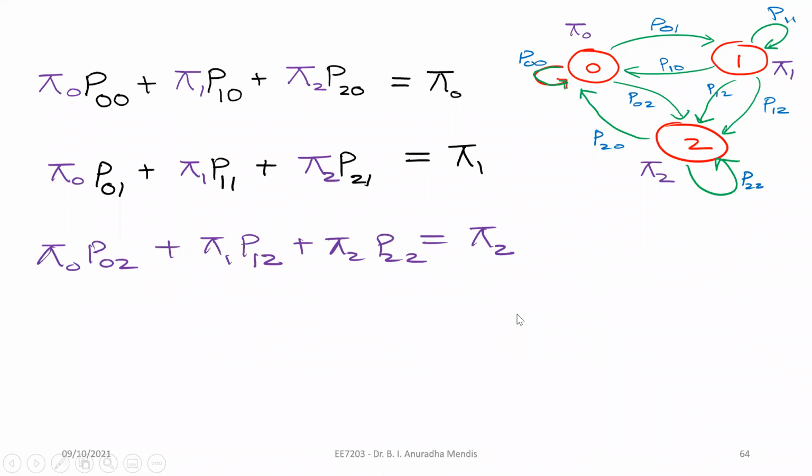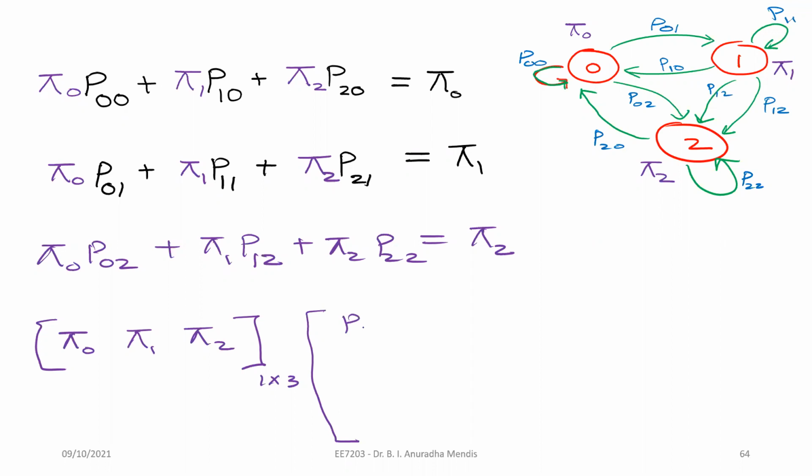Okay. So these simultaneous equations you can write in matrix form. You have phi naught, phi 1 and phi 2 in one matrix, a 1 by 3 matrix. And what is this one? P00, P10, P20. The first equation, you get by multiplying this way. You know how to multiply matrices. The first row is multiplied by the first column, then the first row by the second column to get the second equation.